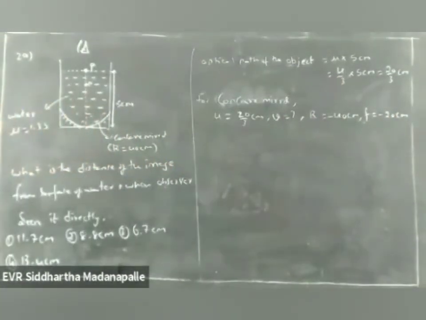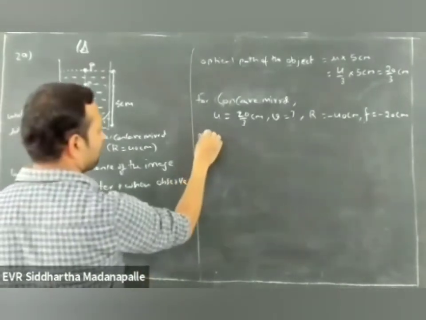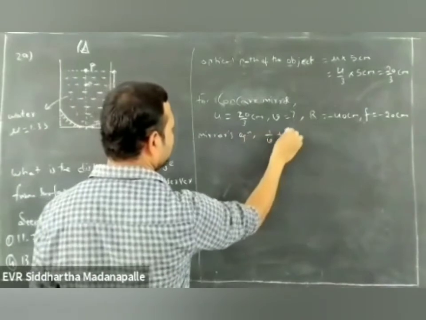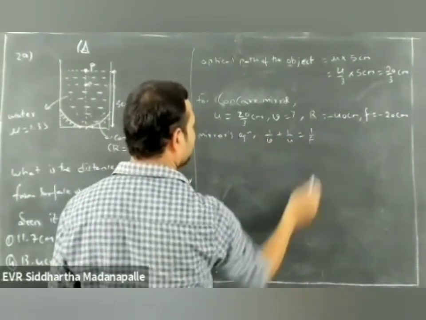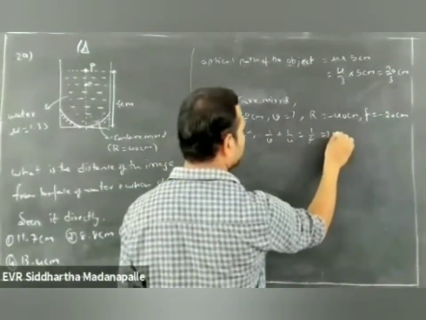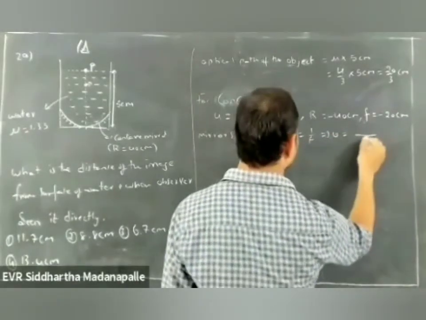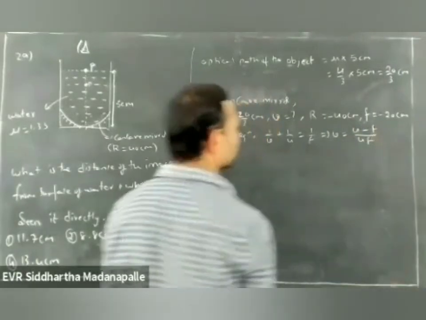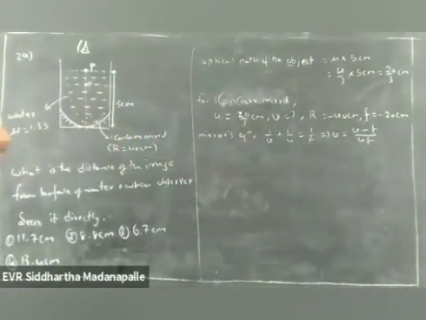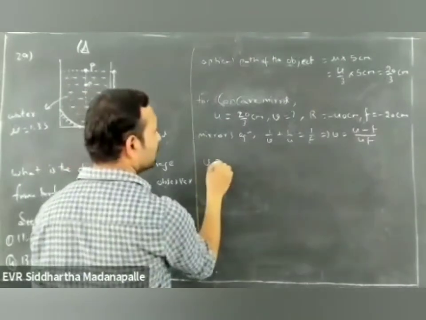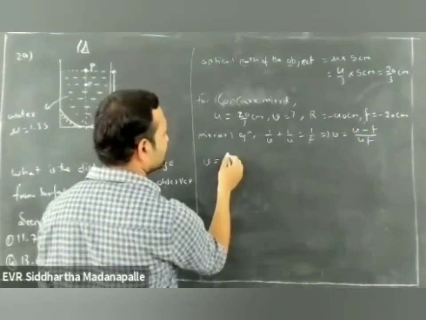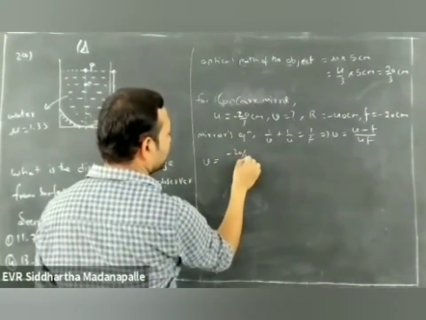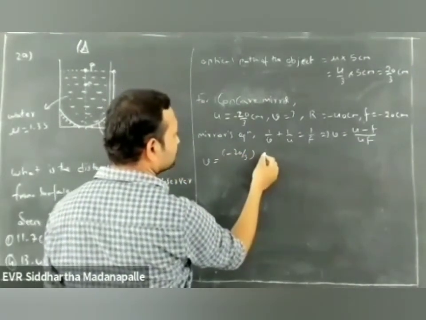So the mirror equation: 1 by V plus 1 by U is equal to 1 by F. From this we can take V is equal to U into F by U minus F. So V is equal to, what is the U value? U value is equal to minus 20 by 3.